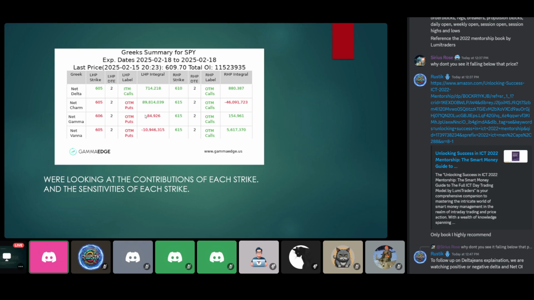Gamma, like we talked about, is going to affect the delta itself once we move through those levels. So if we move through 606, delta would increase. Negative deltas would increase at a significant rate, but not compared to 615. So that's not very significant compared to 615. And then Vanna, I don't really like to get into that. That doesn't play a whole lot of role in what I'm looking at.